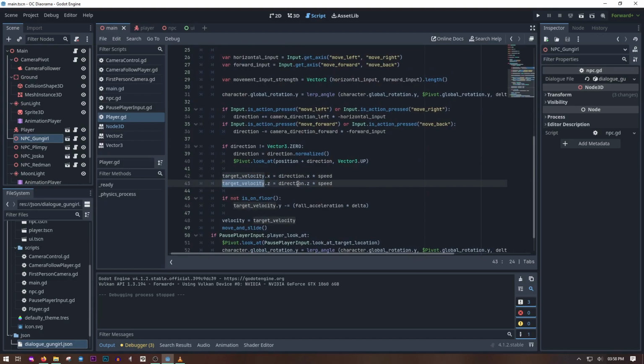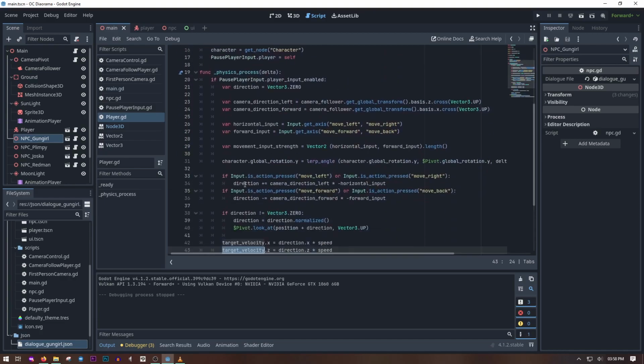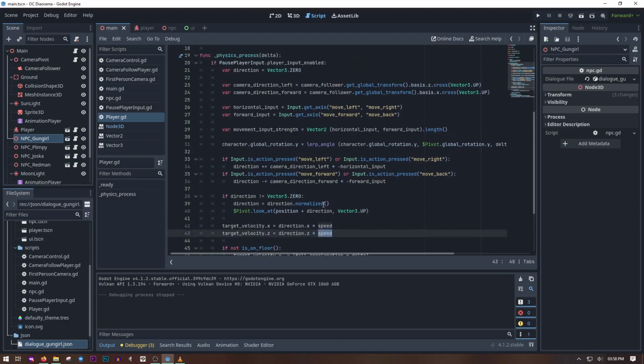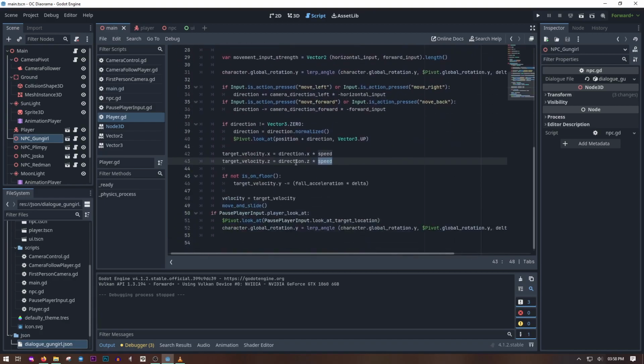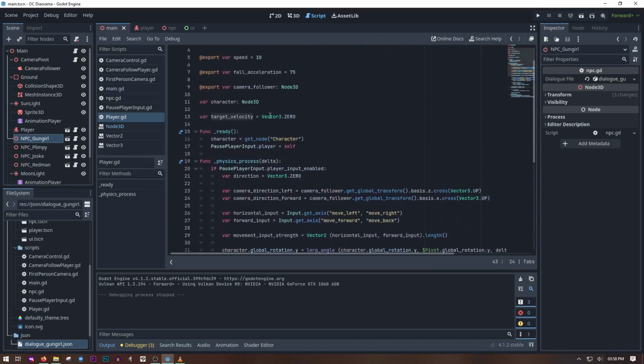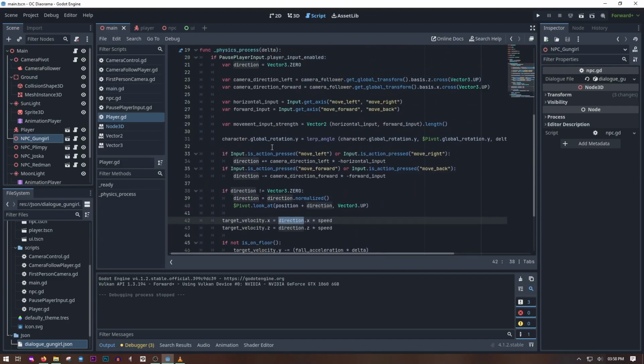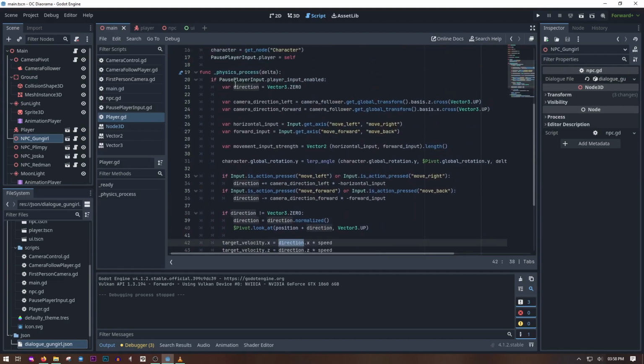Target velocity z is direction z times speed. So this is taking the z of the target velocity, and it is making it equal to the direction z times the speed, which is another variable. And the velocity is a Vector3. So it's a coordinate system, and it's making it so that the direction which is put in here, yeah, that's right.